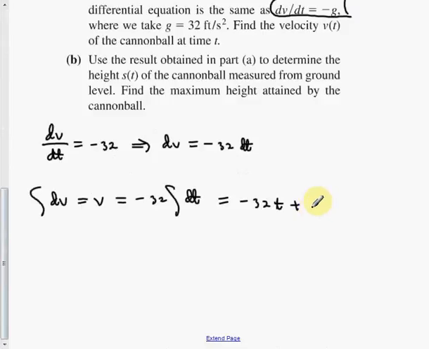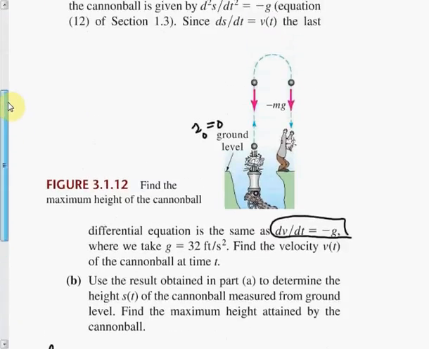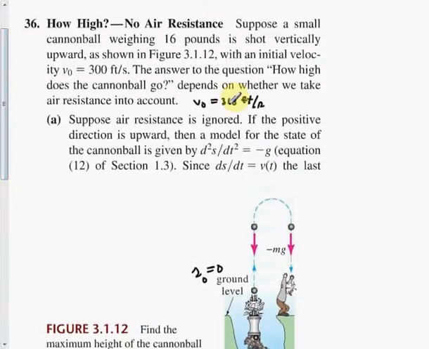plus here this constant, but this constant is with respect to the velocity, so this is v naught. So you remember back in calculus where you would just ignore that constant. Well, that constant is most important, right? Because they tell us here that the initial velocity was 300, right?